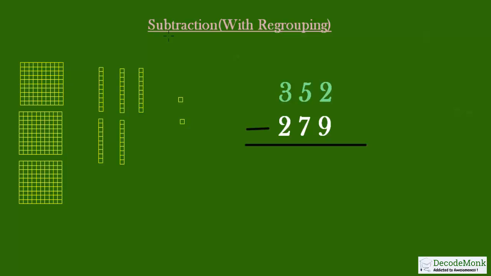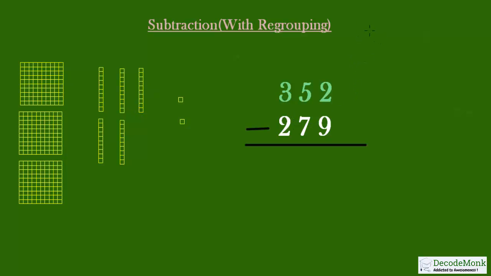This is another example of subtraction with regrouping. Here we are going to do the operation with 3-digit numbers. So here it is given: 352 minus 279. 352 is represented with the blocks on the left hand side, and we have to subtract 279.